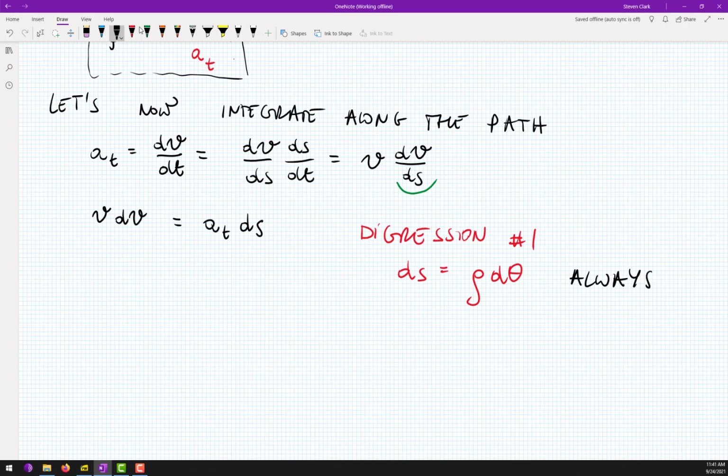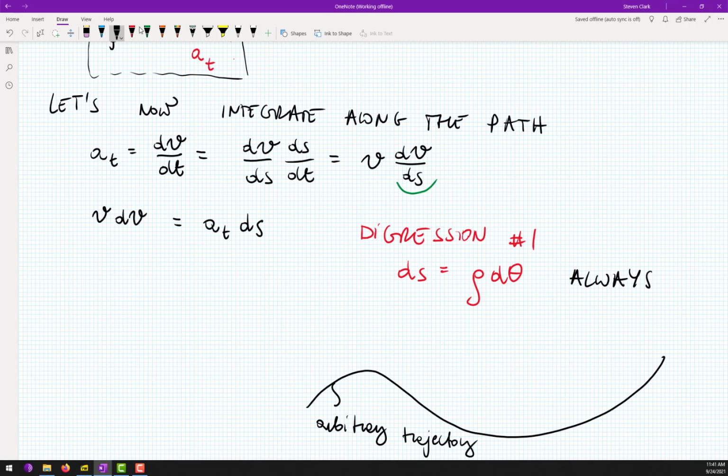And I'm going to put a drawing here, just so that you know what ds is, and what rho is, and what theta is. So let's imagine that we have an arbitrary trajectory. By the way, is the font size too large, or is it okay? Okay, and let's say that our point P is here.